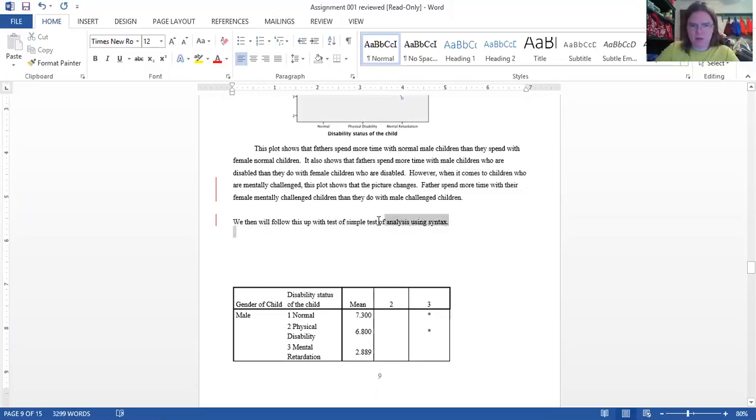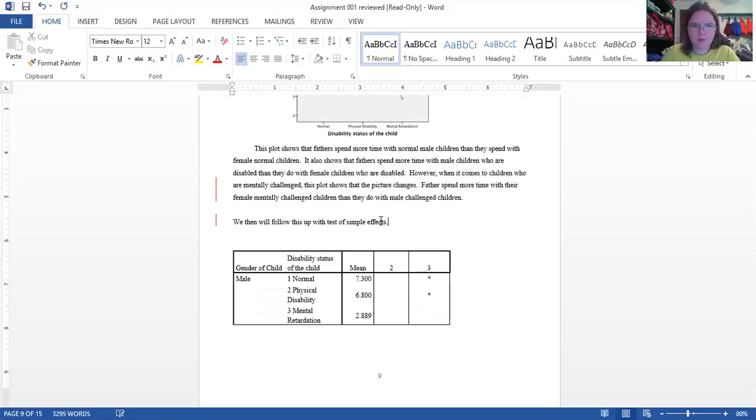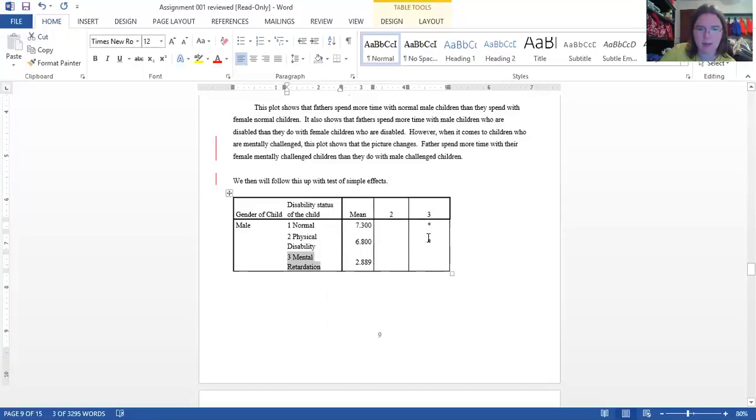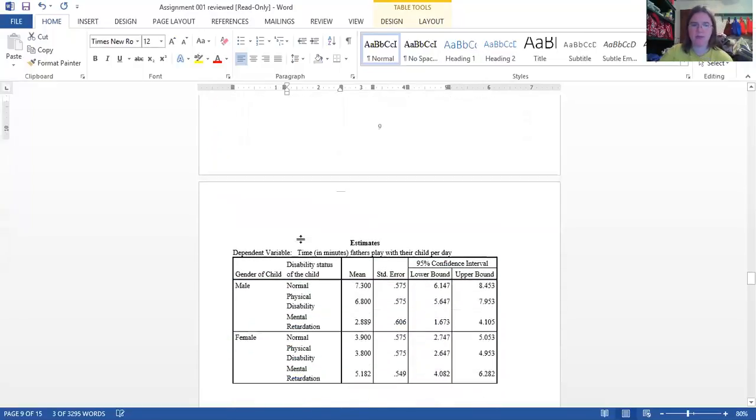we can get rid of this. So the test of simple effects. Okay, so here's the chart that I was showing you on my side that had the same thing, saying that the mentally disabled male is significantly different than the normal and the physically disabled.